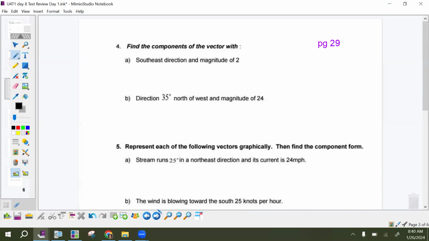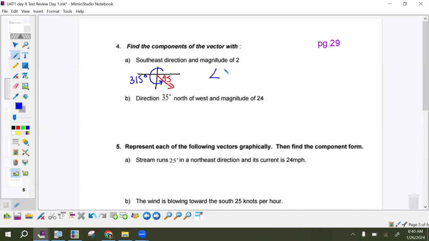All right, find the components of the vector. Southeast direction. The reference angle is 45. So that means the angle of rotation is 360 minus 45.